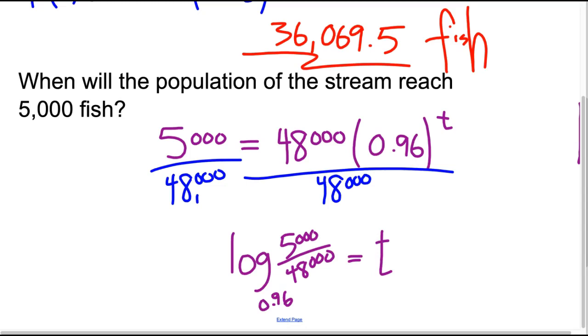I think it's like 55 or something, if I remember right. About 55 years. If you're reporting for the newspaper and you're going to use this model to predict, you probably wouldn't say 55.4 years. You'd probably say in about 55 years, it'll be down to 5,000 fish.